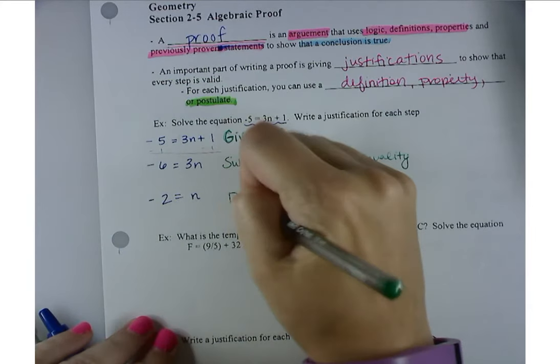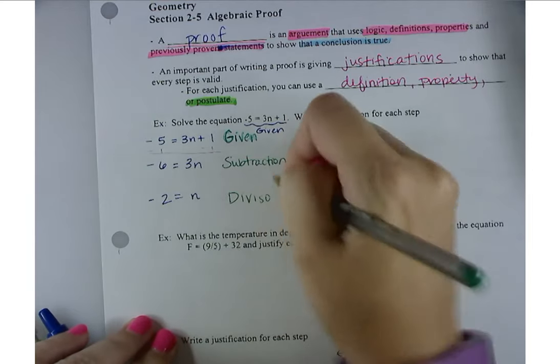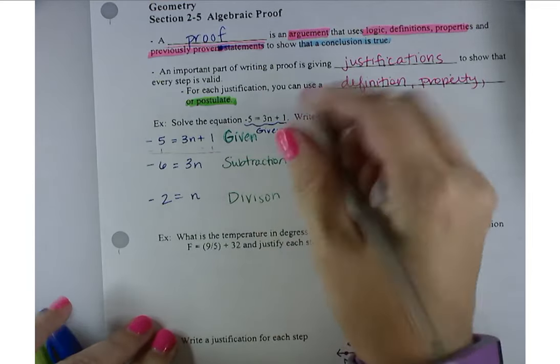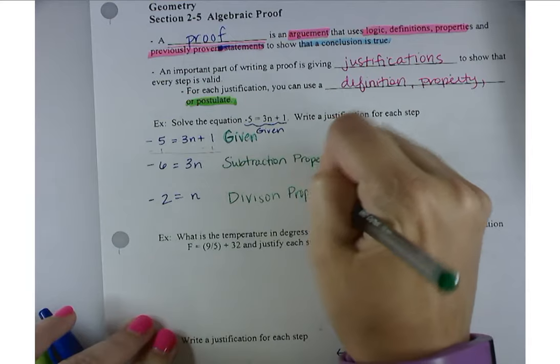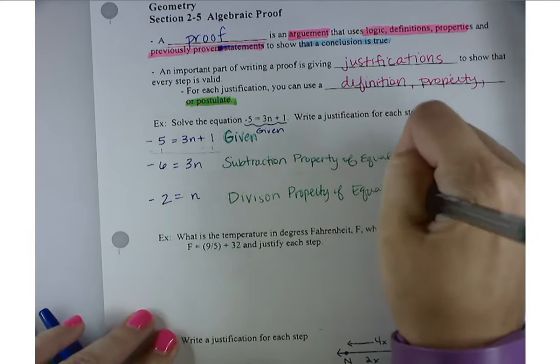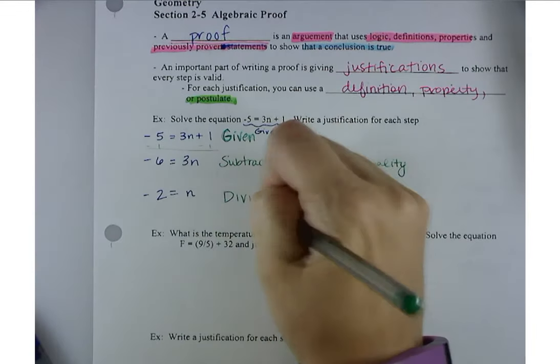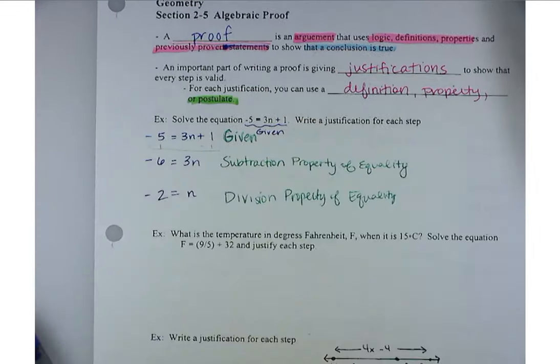Division property. Yeah, the division property of equality. Okay, and then that's it. We solved it and we justified each step.